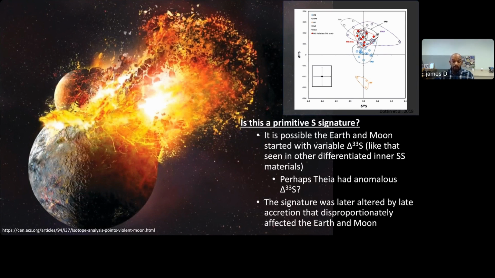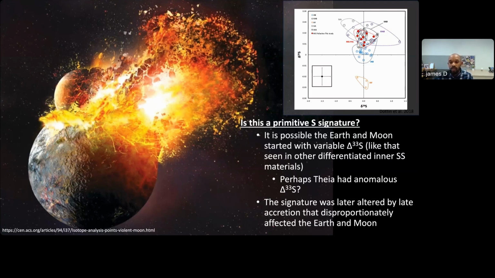It's also possible that it's a primitive signature. Maybe it's real, and the Earth and the Moon were established with different cap delta 33S compositions. If we look at the cap delta 33S values of iron meteorites and main group pallasites, we see that different potential parent bodies have different cap delta 33S compositions.